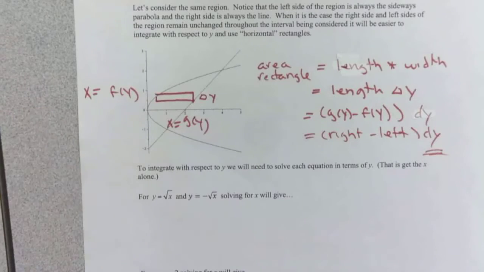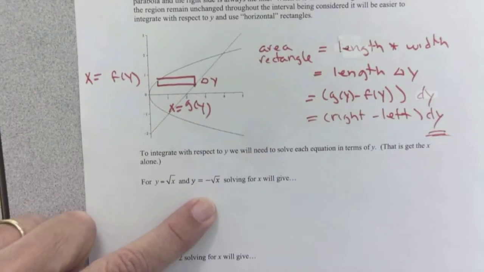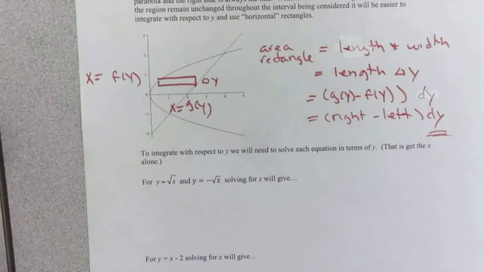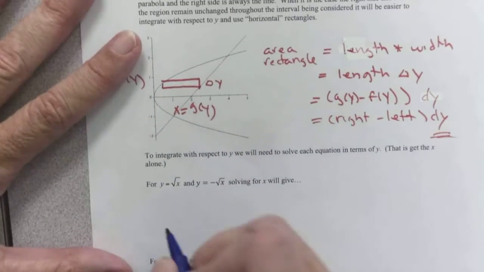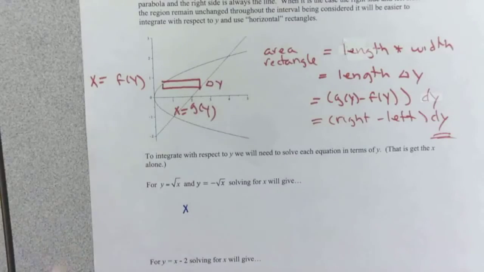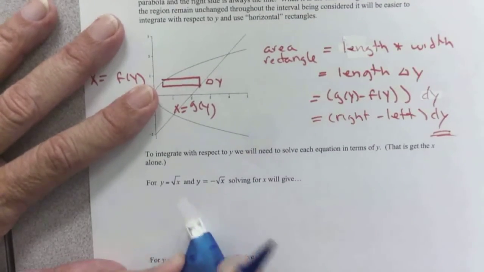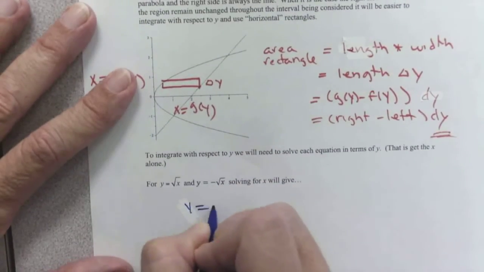Now, to get this set up in order to integrate with respect to y, we will need to solve each equation in terms of y. If you're going to integrate using y, your variables need to be in terms of y. So for y equals square root of x and y equals negative square root of x, we're able to do these at the same time because they're both essentially the square root of x.